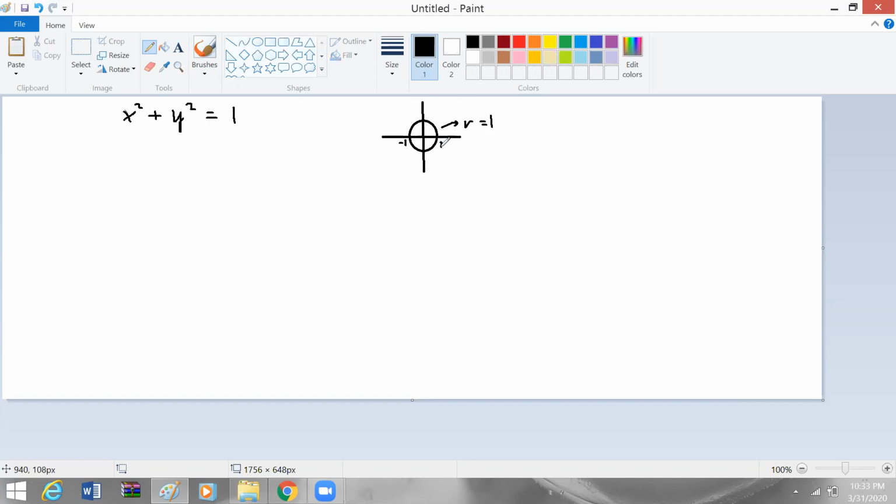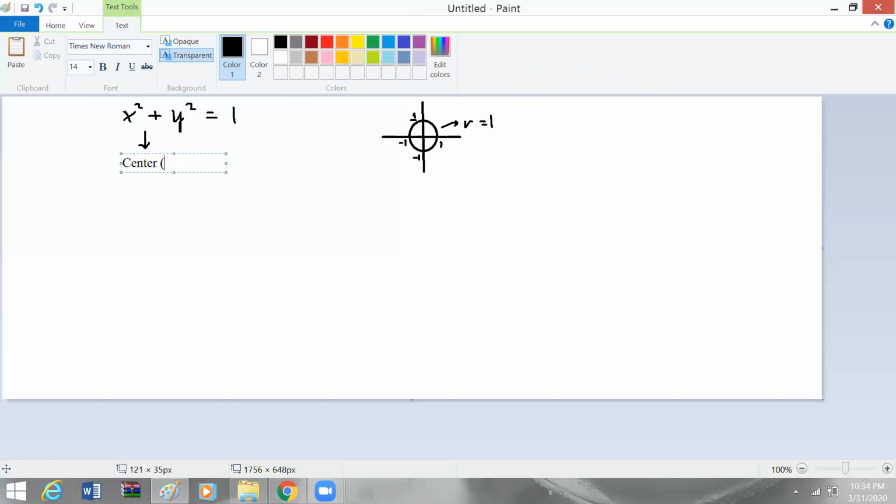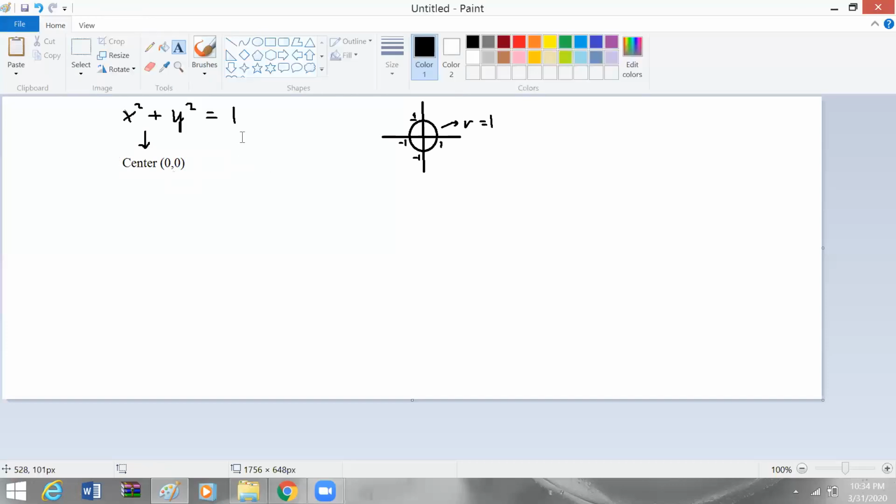And we're going to use this one a lot for a little chapter when we deal with trigonometry using sine and cosine. So when you look at x squared plus y squared, the center would be at 0 and 0, and the radius in this case is equal to 1.